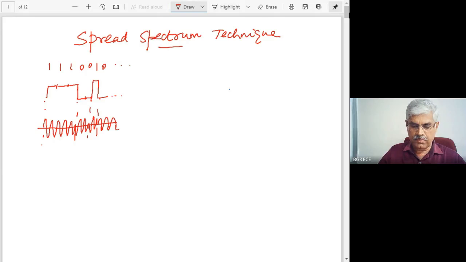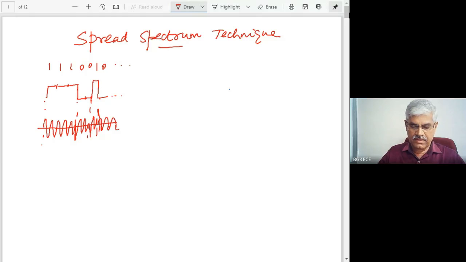So you will select a particular carrier frequency, and this will repeat. And when 1 becomes 0, the phase will change, and when 0 becomes 1, the phase will change. It is not exactly to scale, but to show you that there is a phase change here, here, and here, I am drawing. So such a waveform you will transmit.